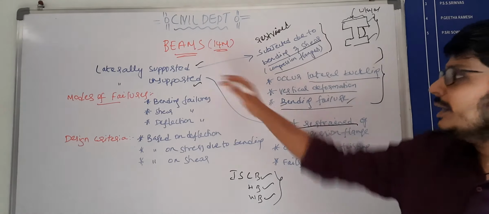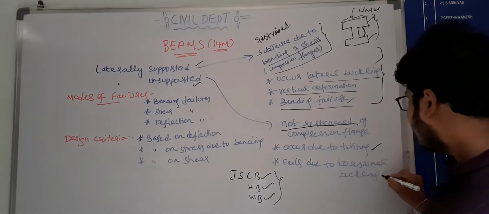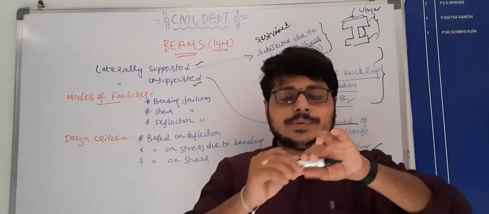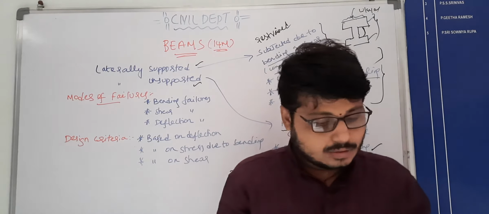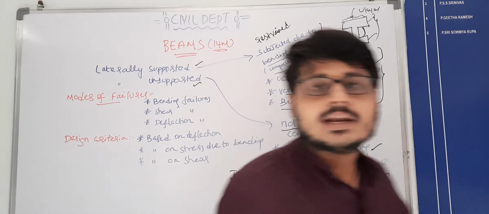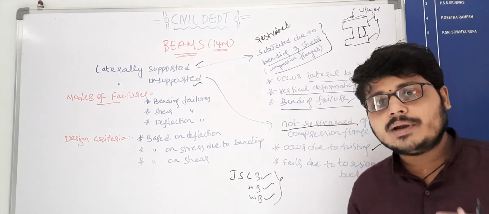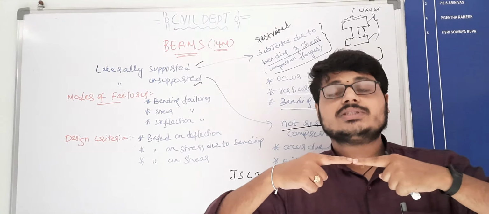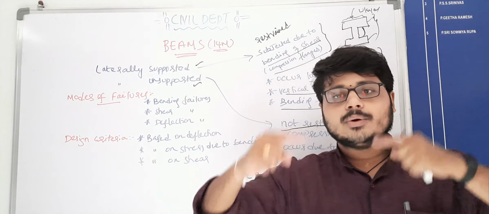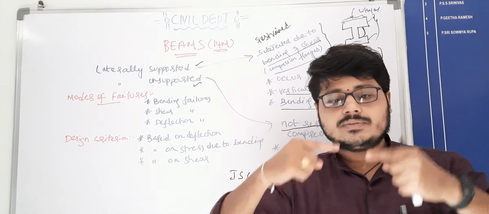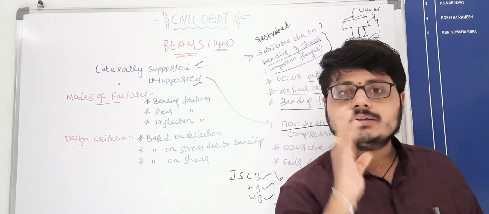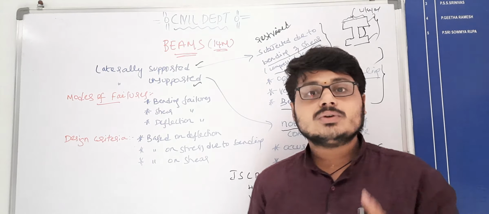Here in laterally unsupported, twisting and torsional buckling occur. In strength of metals we have done the twisting process. Due to rotation like this, the failure will occur in the middle.